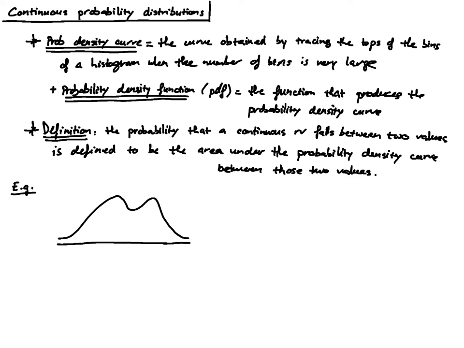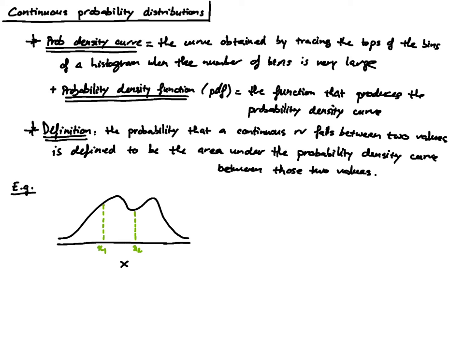Let's say I have the variable x, and suppose I have 2 points x1 and x2. So let's say x1 is here, and then x2 is over here.